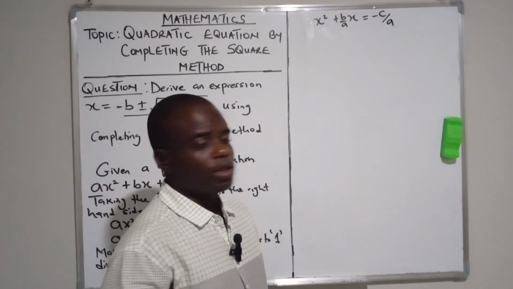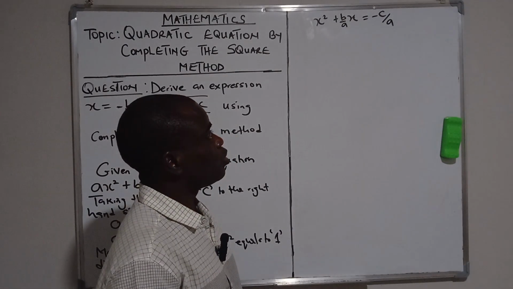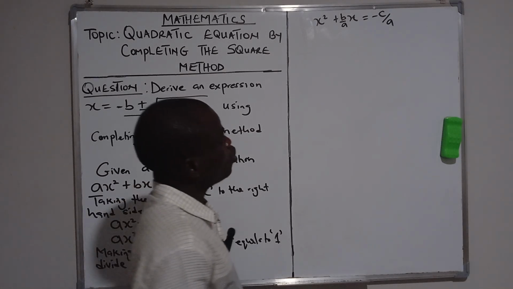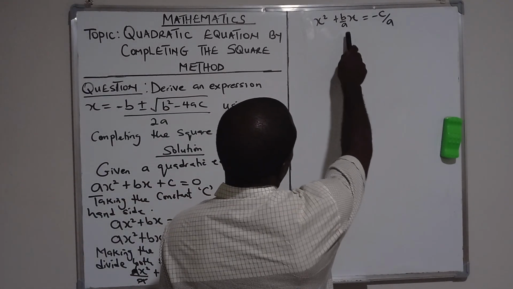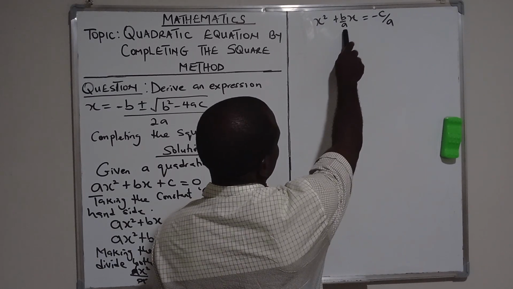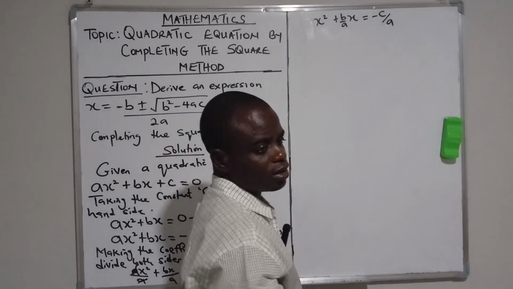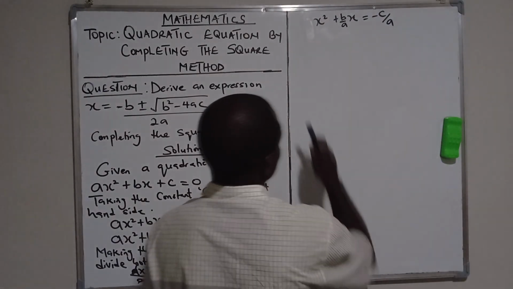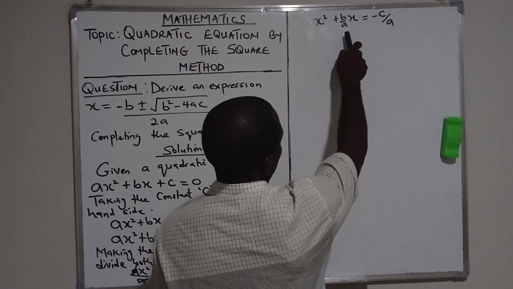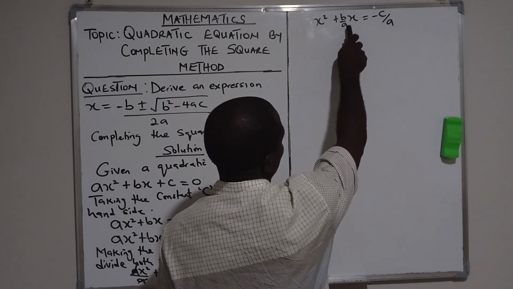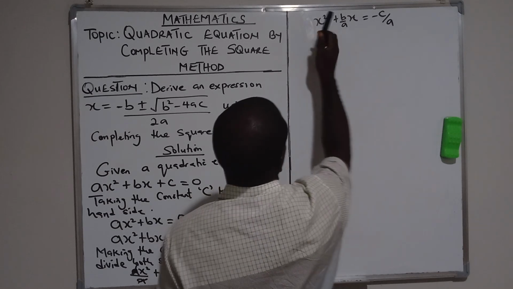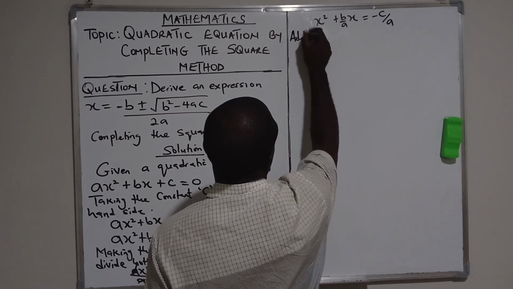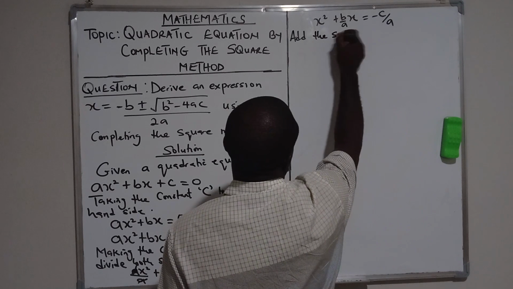Another thing you need to do here is to add the square of the half of the coefficient of x to both sides. Every time, you have to add the square of half of the coefficient of x to both sides.